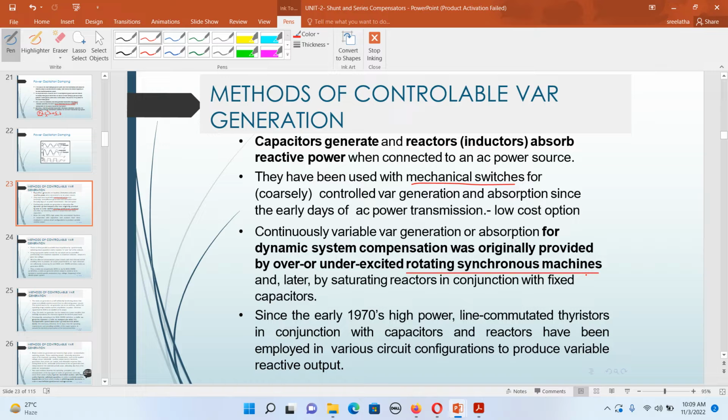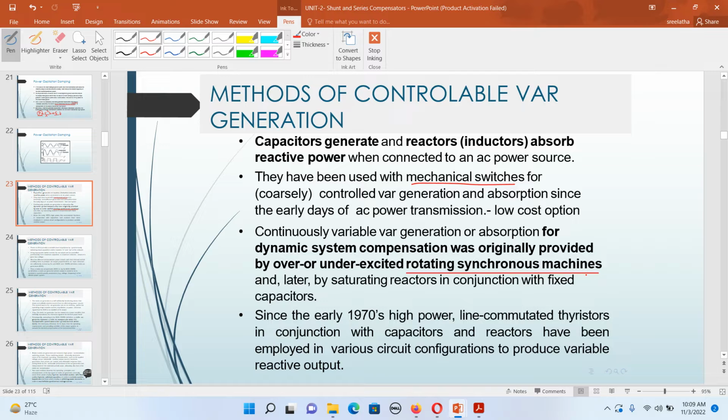Synchronous machines you already studied in the previous course, right? When you over excite or under excite them, accordingly they will generate or absorb reactive power.